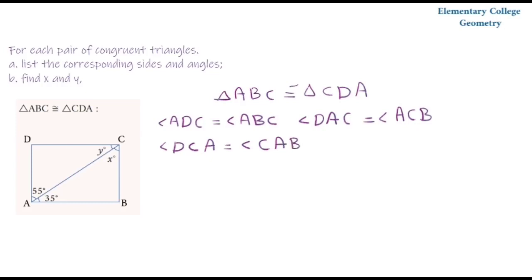The side of AD equals BC, the side of DC equals AB, and the side of AC equals the side of AC, and the side of AC is a common side.